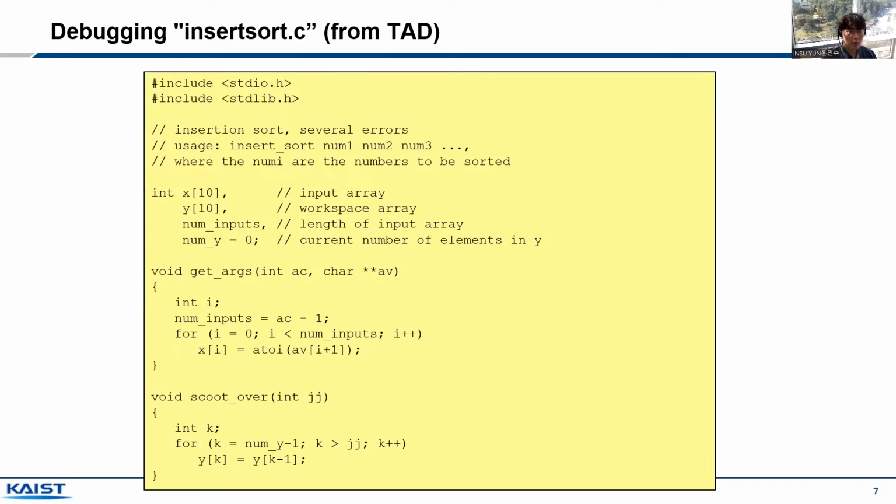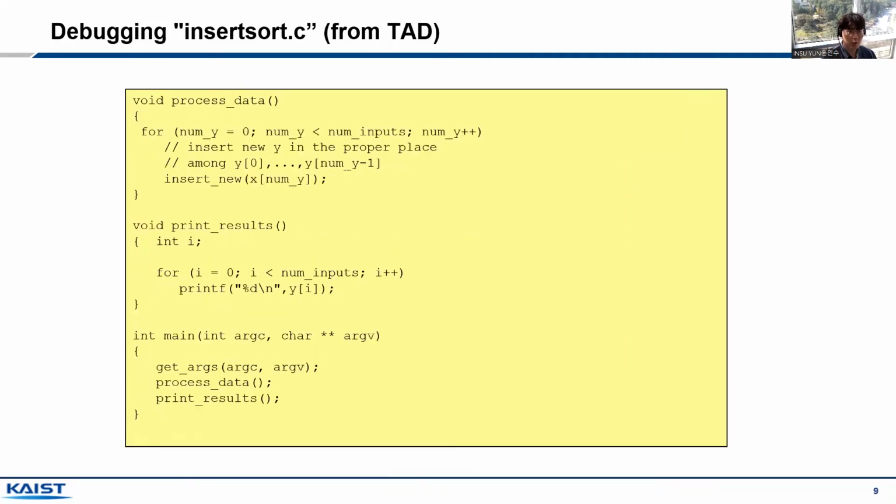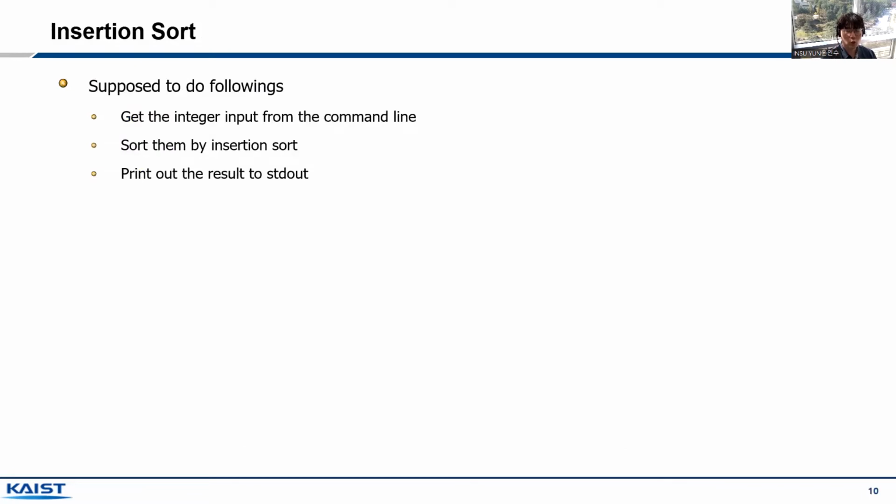Today, I'm going to debug this program called insert_sort.c. Before I explain the code, let me tell you what this program actually wants to do. What this program is supposed to do is the following. It tries to get integer input from the command line, sort them by an algorithm called insertion sort, and print out the result to standard out.